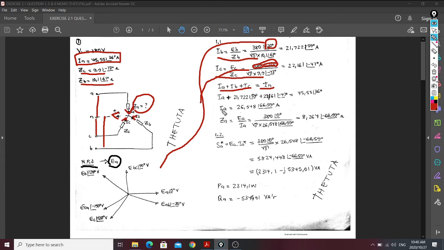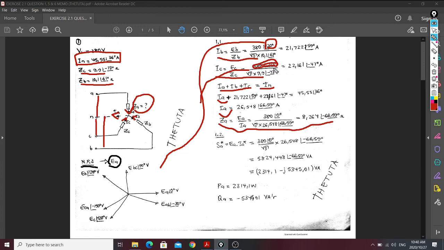So automatically we're gonna have a current A that is going to be the unknown, so that we can get our current A. Once we know our current A, we apply again Ohm's law to get our ZA, and therefore we're gonna get the value of our ZA. And you can see it's basically simple and straightforward.